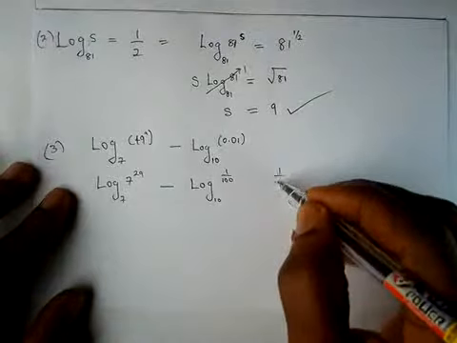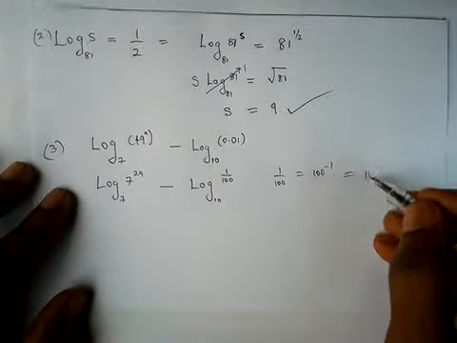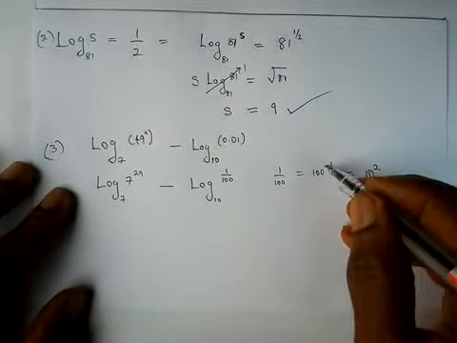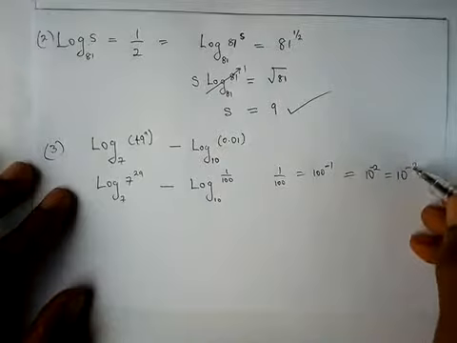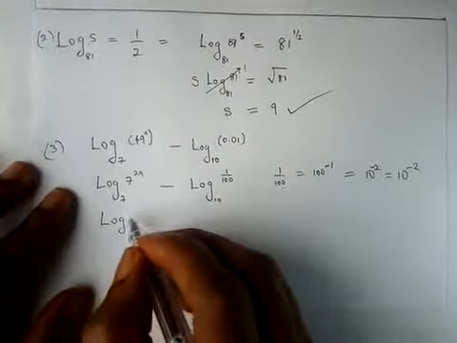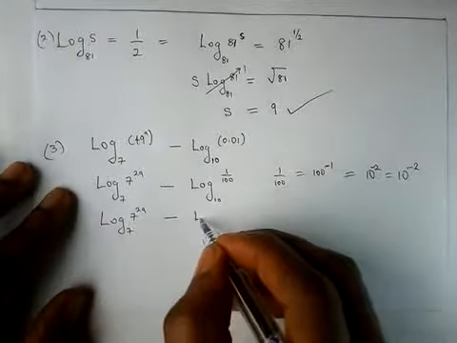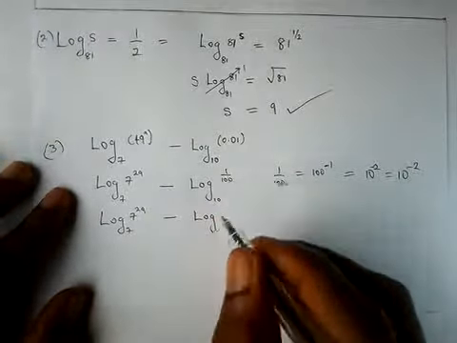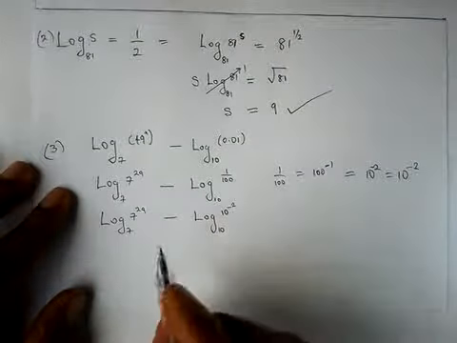Okay, and 1 over 100 from indices is 100 raised to power minus 1, and 100 is 10 raised to power 2 times minus 1 gives you minus 2. So this is the same thing as 10 raised to power minus 2. So I can write it to be 7 raised to power 2a to base 7 minus log 1 over 100 is 10 raised to power minus 2 to base 10.